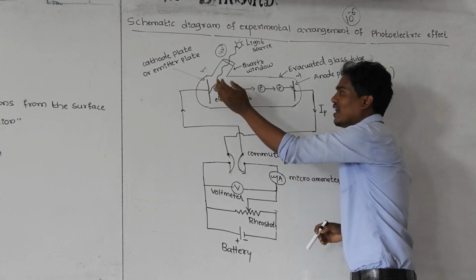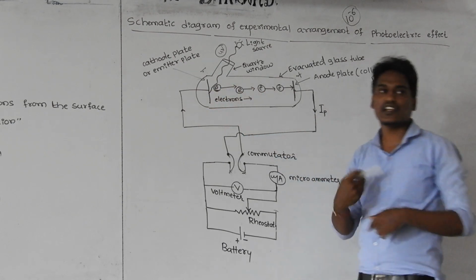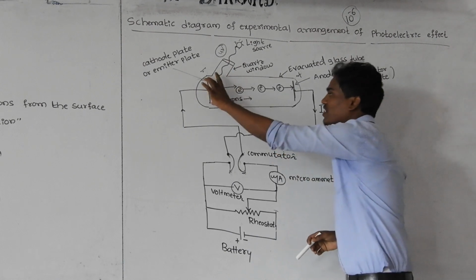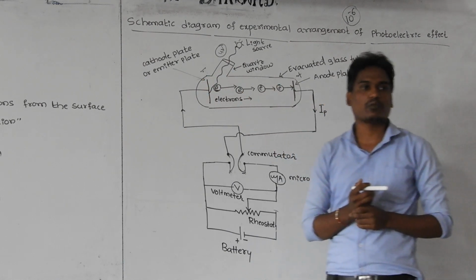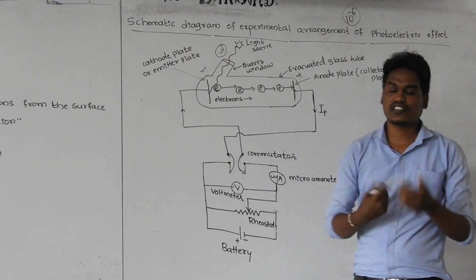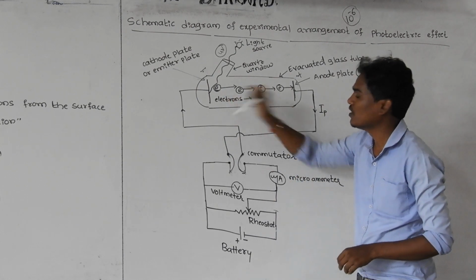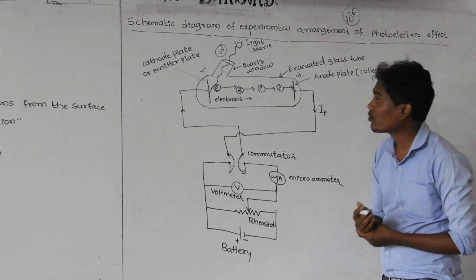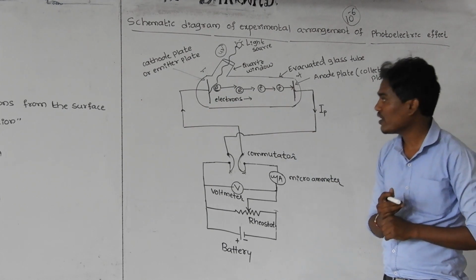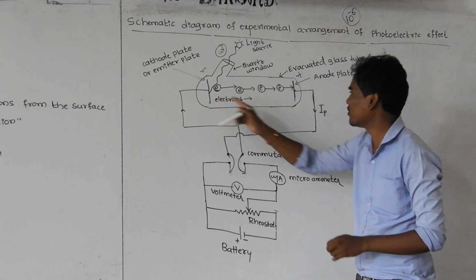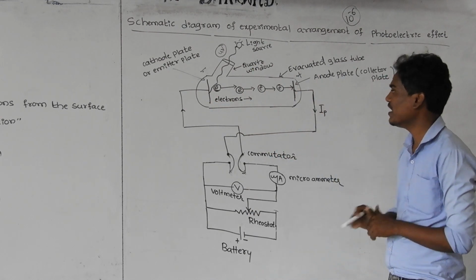On one side the electron experiences the electrostatic force of repulsion, and on this side it experiences the electrostatic force of attraction. As a result, the emitted electrons are moving from which plate to which plate? That is, from the cathode plate to the anode plate.